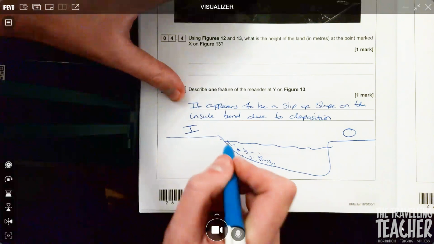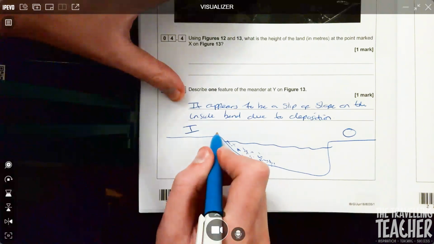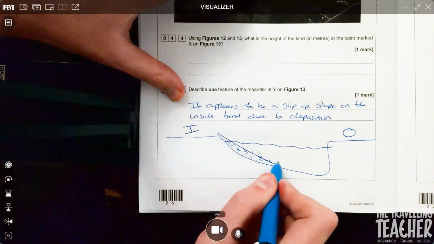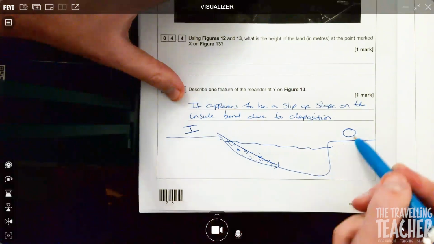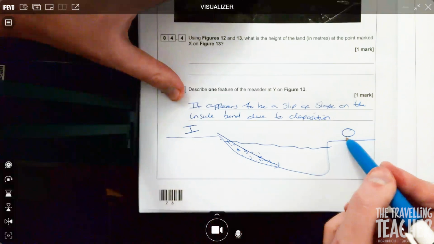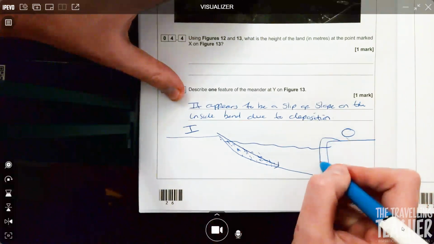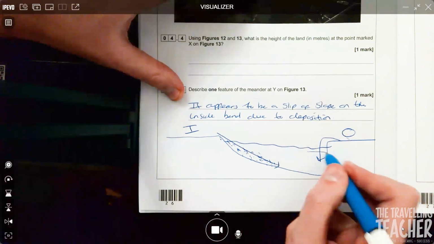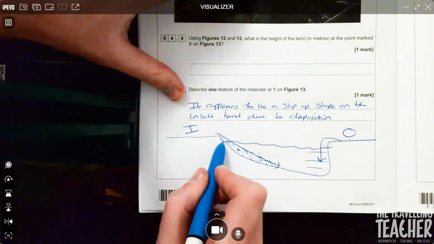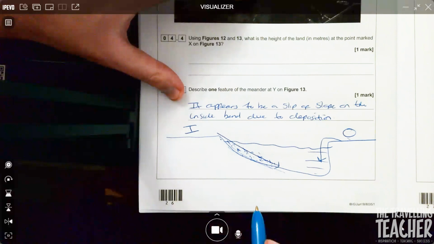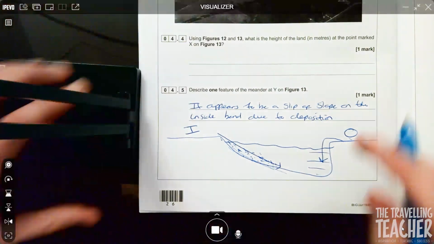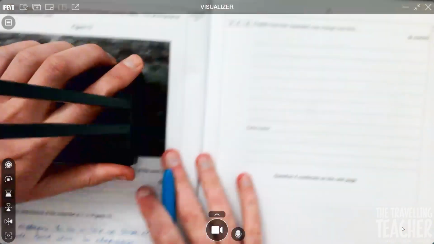And the reason they call it a slip of slope is because you could literally walk into the river down this slope here. You couldn't do it on the outside bend because obviously you've got a bit of a river cliff and a bit of a drop with deeper water. So that's a slip of slope caused by deposition, the dropping of sediments. Right, next one.